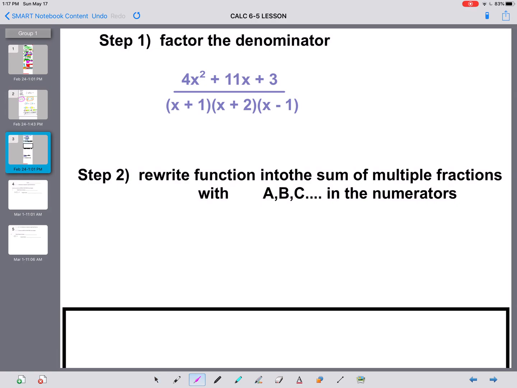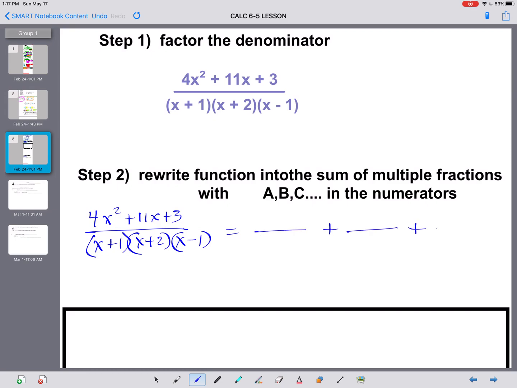Okay, here it is. We got 4x squared plus 11x plus 3 over x plus 1, x plus 2, x minus 1. Hey, there's 1, there's 2, there's 3.